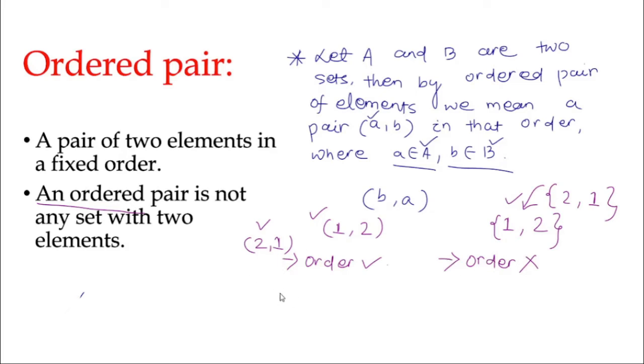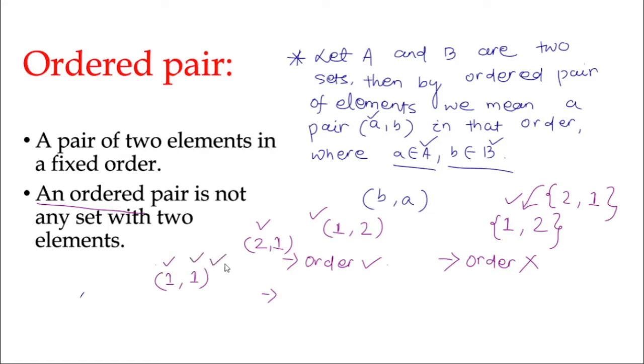Okay, so the second difference is that we can also have an ordered pair 1 comma 1, an ordered pair having two elements where both elements are the same. As you can take an example, in any Cartesian plane there is also a point 1 comma 1, where 1 is the x coordinate and the y coordinate is also 1.